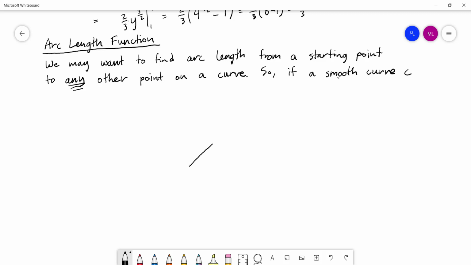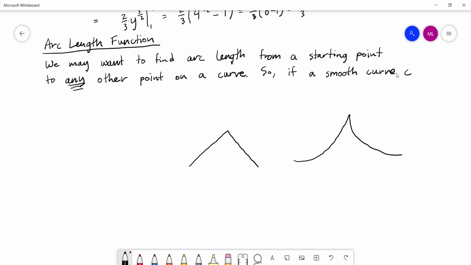If I give you a graph like this, or even something like this, the curve is smooth along all these points, but then suddenly it has a cusp, and then it's smooth again along all these points. The idea is the derivative will exist everywhere on these curves except for right here where we have this cusp. The derivative is undefined at a cusp like this. It's basically sharp. There is no slope at that point when it has a cusp like that.